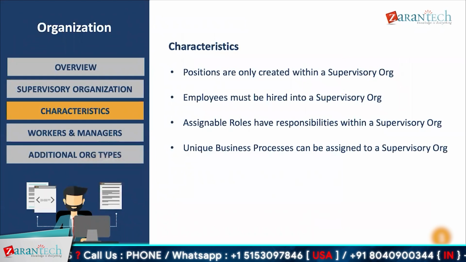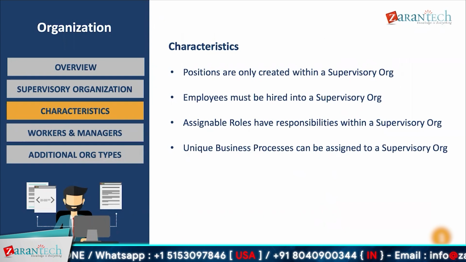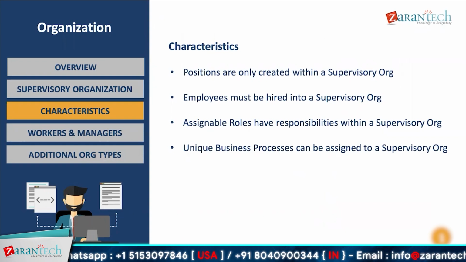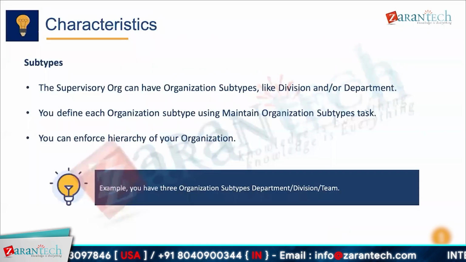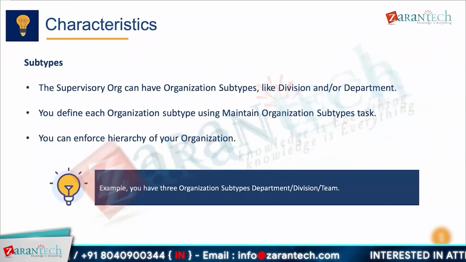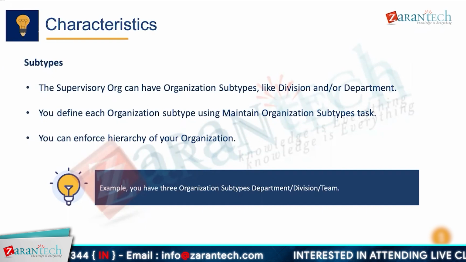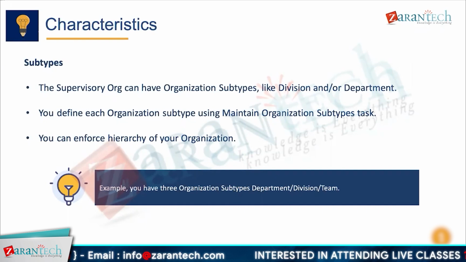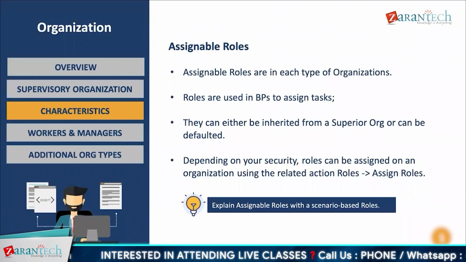An employee will always be hired in a supervisory organization, and then we can have different roles assigned within it. And as I mentioned, we can configure different kinds of business processes. Supervisory organizations can have subtypes like division, department. You define each organization subtype using the Maintain Organization Subtype task, and you can enforce the hierarchy of your organization.